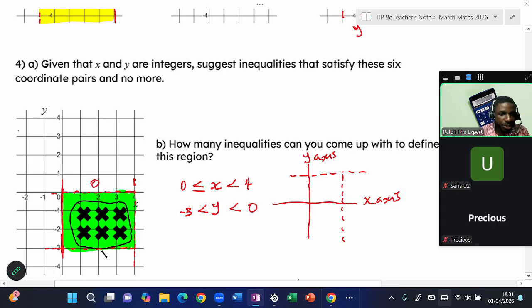If this is 0 and this is 4 and this is 0 and this is -3, you can see that -3 is less than the region, and the region which represents y, if x and y were to be in the middle, you can easily see that y is greater than -3, or -3 is less than y, and y is less than 0. 0 is less than or equal to x, and x is less than 4. Does that make sense? Did we understand?